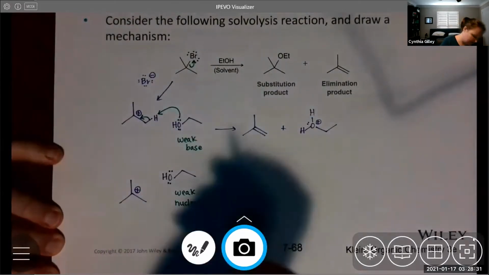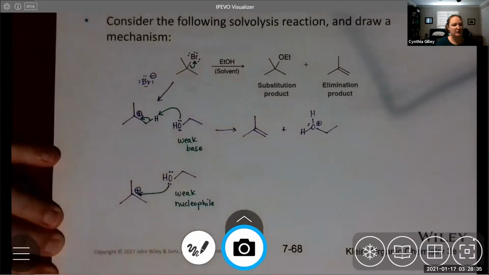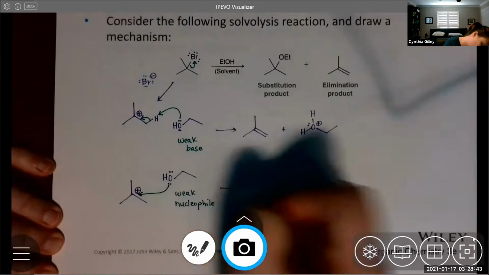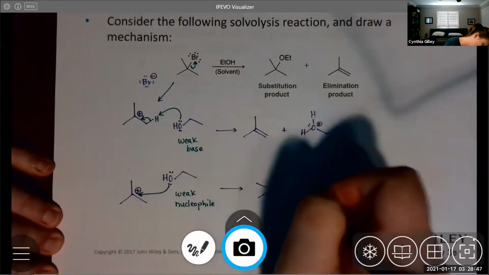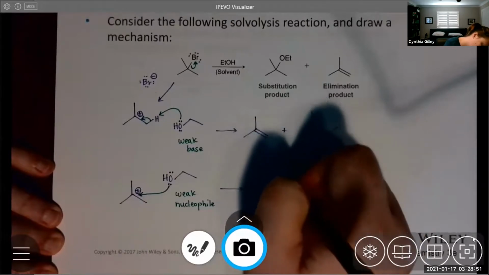So I'm going to have it do a nucleophilic attack directly at the carbon that's electron deficient. And so now we have the formation, sharing those electron pairs to form a sigma bond.